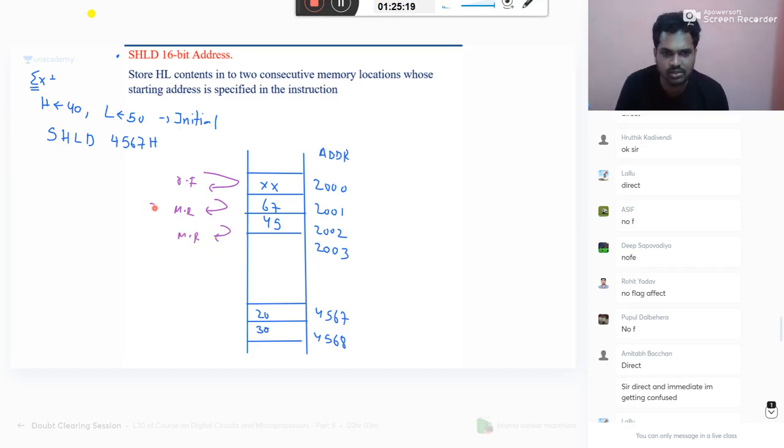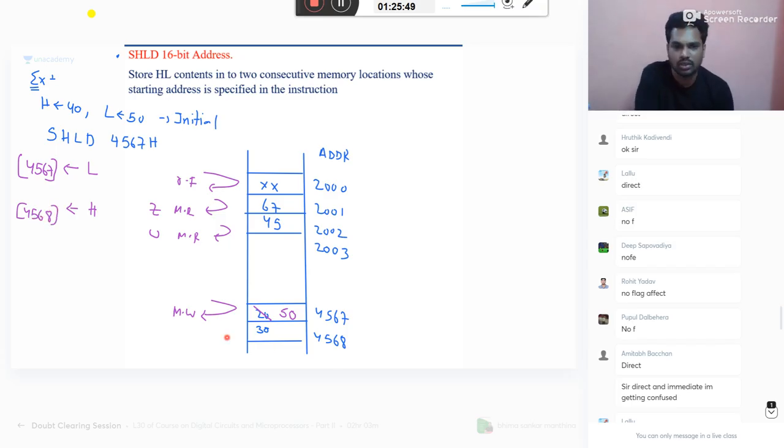Our WZ registers will help here. Then a memory write: the L content will be copied here. L will be given to 4567. H will be given to 4568, that is plus 1. So another memory write, that is 40.